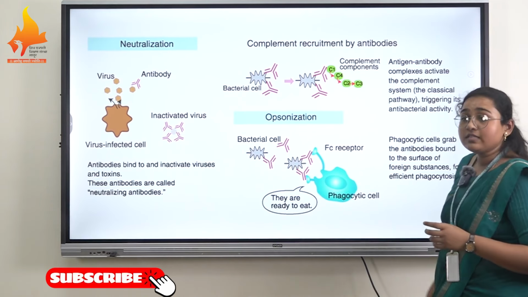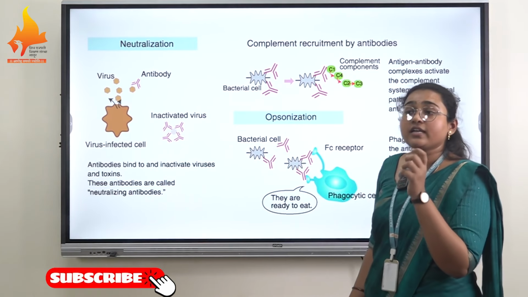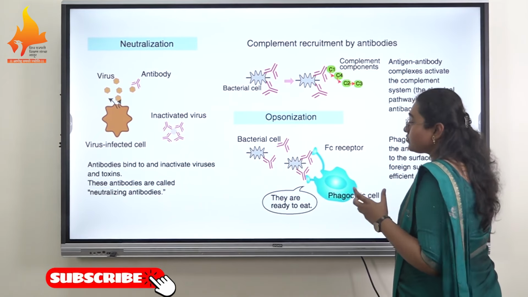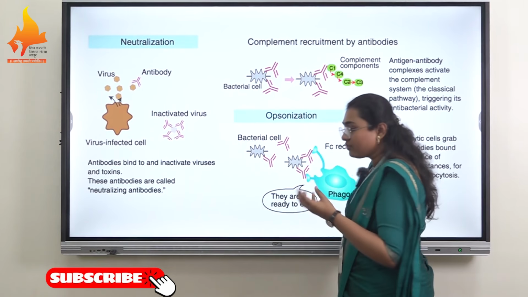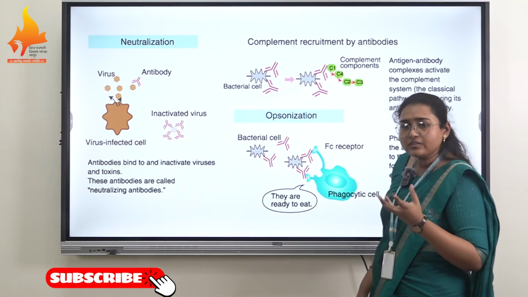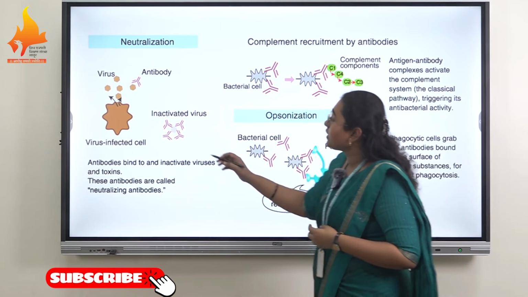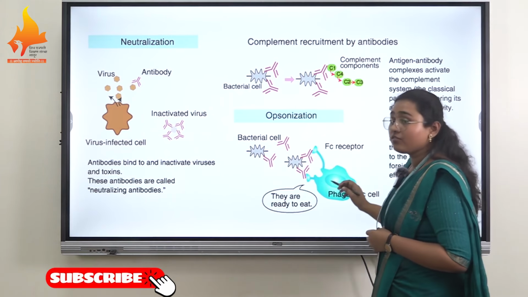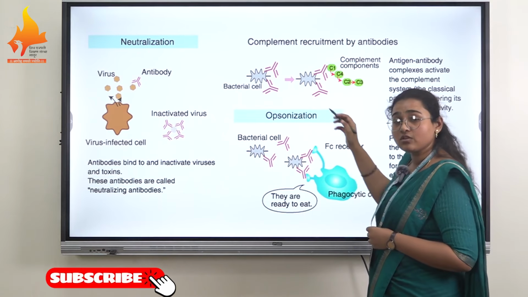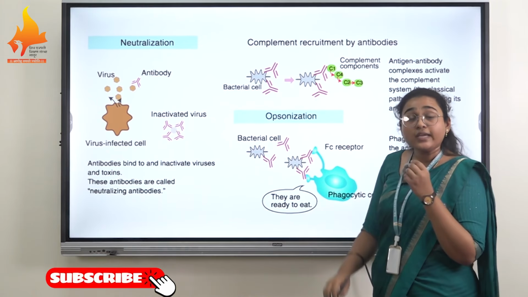Next is the function of the antigen antibody complex. The antibody performs various types of reactions and pathways to eliminate the pathogen particle, to eliminate that antigen. First is neutralization.